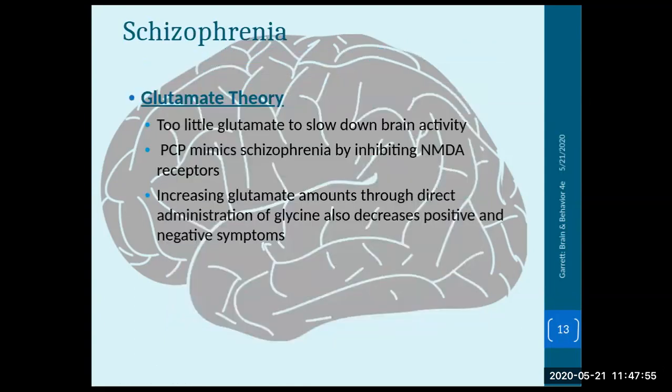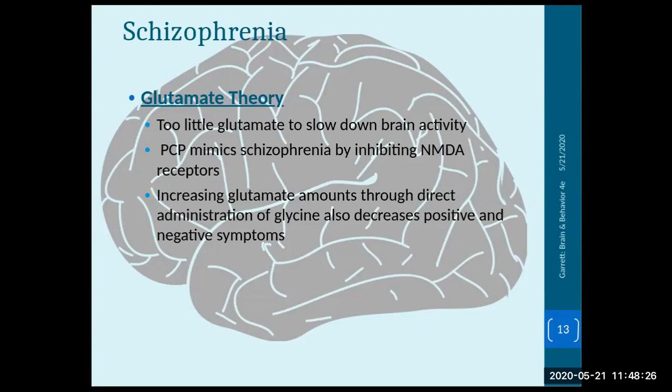There is also a glutamate theory, which is much more recent, from the 1990s. I am very proud to say that my advisor, when I was at UCLA, who is now teaching in upstate New York, in Buffalo, when he was a grad student, it was him and his advisor who discovered that PCP mimics schizophrenia by what it does with the NMDA receptors.